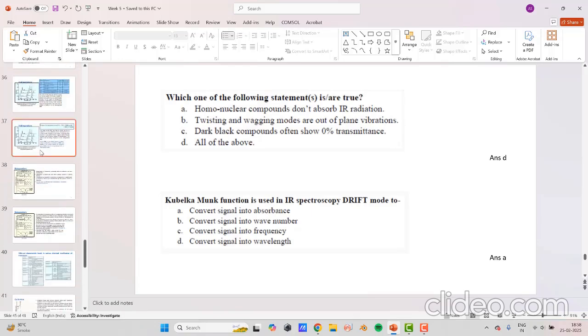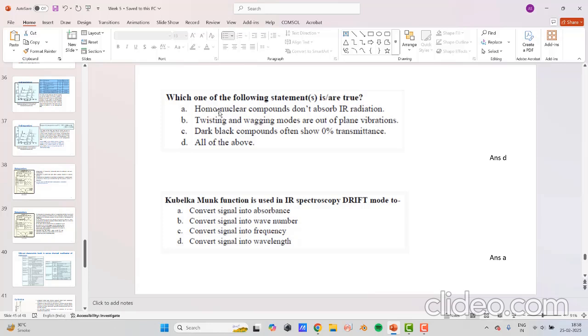Which one of the following statements is or are true? Homonuclear compounds don't absorb IR radiation. Yes. How can you explain this in terms of CO2 and H2O?